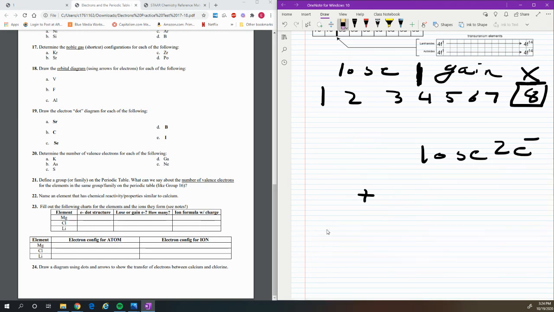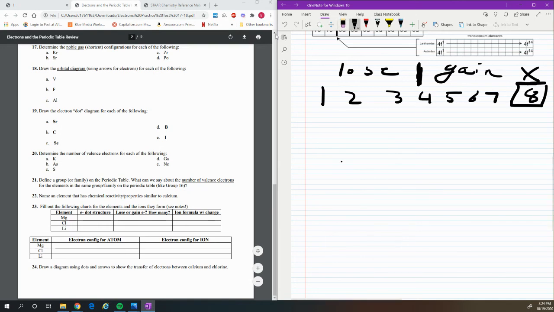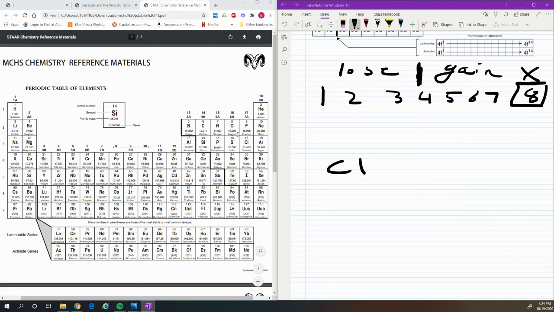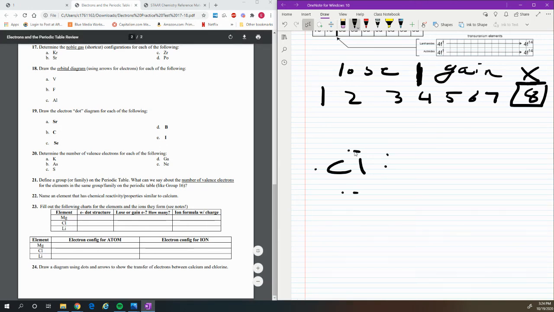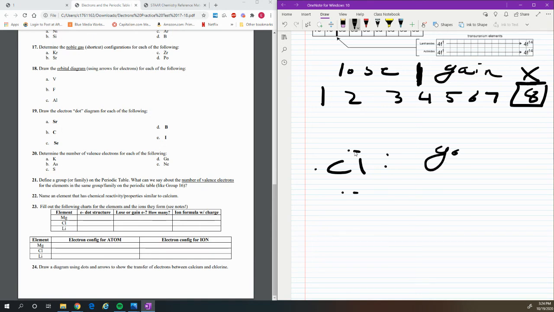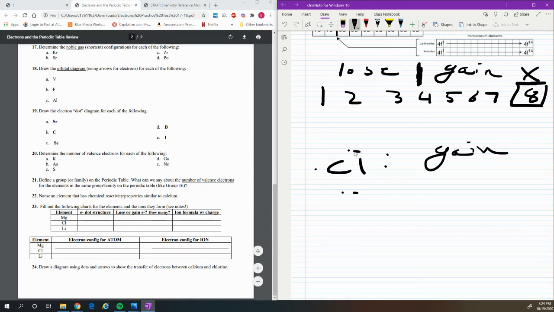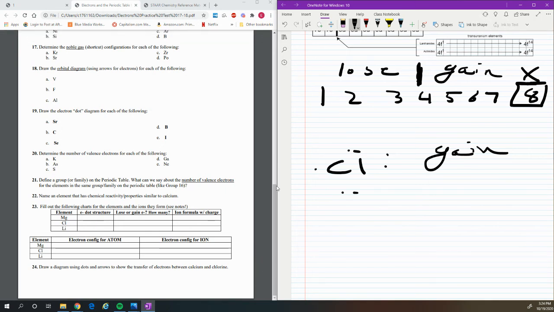Let's do another one, chlorine, Cl. First thing, Lewis dot. I know that Cl is in group 17. I know that it's going to have 1, 2, 3, 4, 5, 6, 7. Lose or gain? It's over here, so I know that it's going to gain. How many is it going to gain? It just needs 1 more.